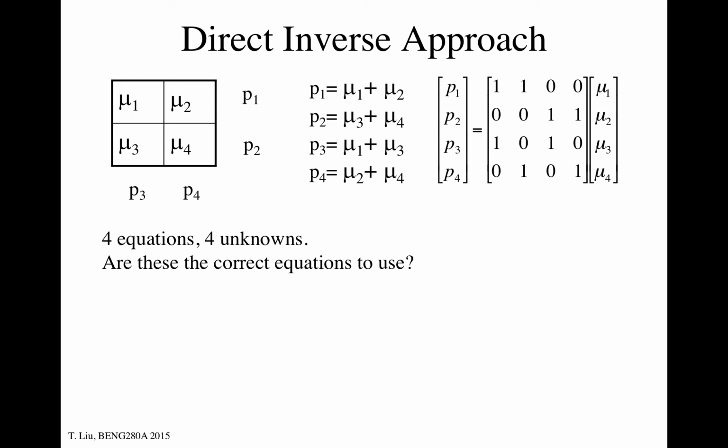Okay, so the first way CT images were reconstructed, the way Hounsfield did it, was basically direct inversion. This is a simple way of looking at it. If I have a volume and there are 4 mu values in that volume and I want to figure out what they are, I take projections this way and get a P1 value and a P2 value, and I know from my log equation that we just wrote down that P1 is equal to mu1 plus mu2, right?